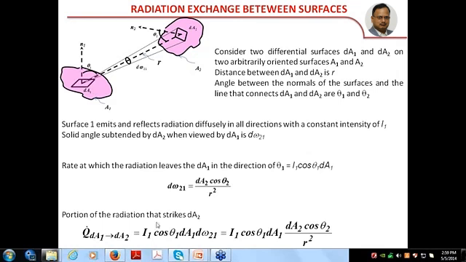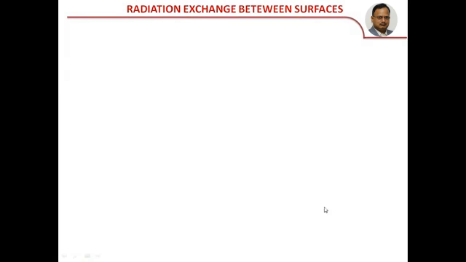So Q dA1 to dA2 is I1 cos θ1 dA1 into dω2-1, which is also equal to I1 cos θ1 dA1, and in place of dω2-1 we write dA2 cos θ2 by r square.